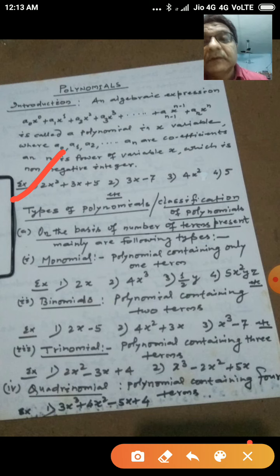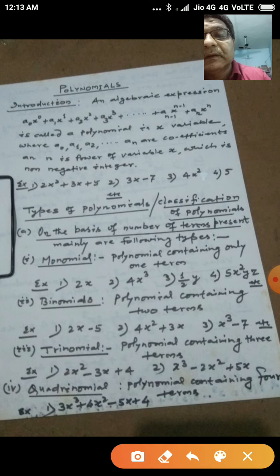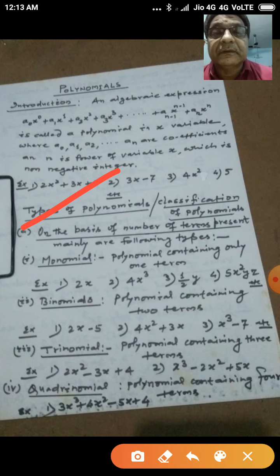Now student, we will see the classification of polynomials, that is, what the different types of polynomials are. Actually, classification of polynomials is done on two bases. Let us take one by one. First one is on the basis of the number of terms present.